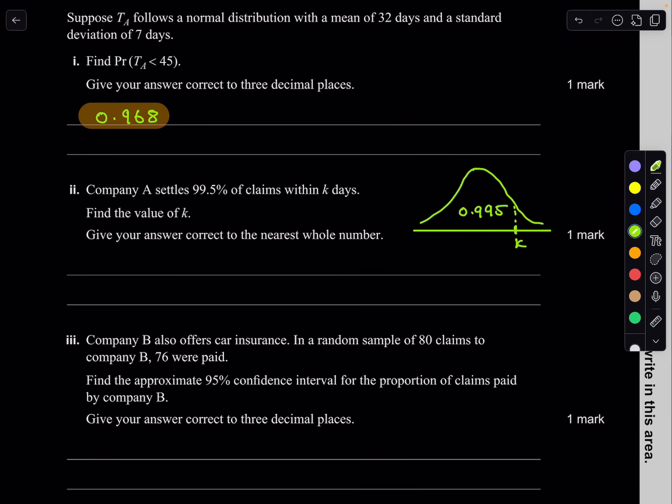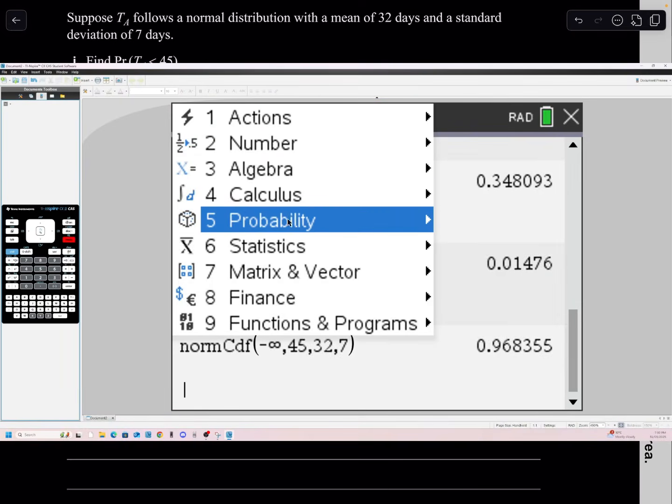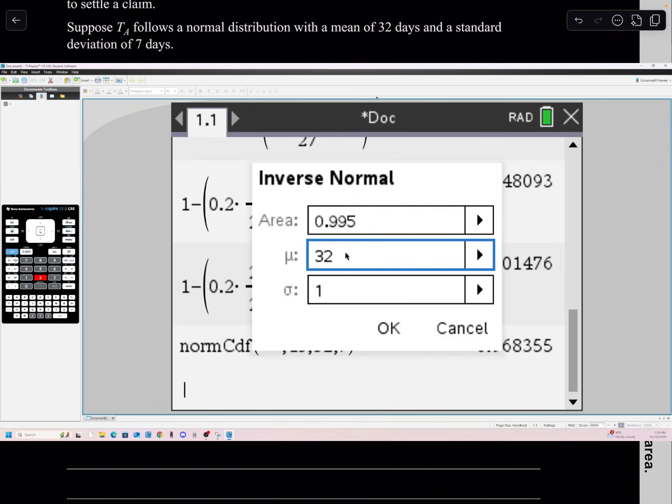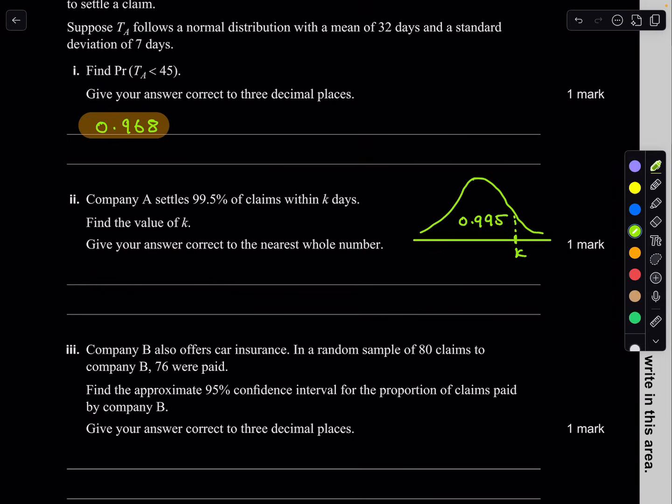Use inverse normal on our calculator: menu, probability distributions, inverse normal. Your area is 0.995, your mean was 32, and your standard deviation was 7. Enter, and you get, to a whole number, 50. Beautiful.